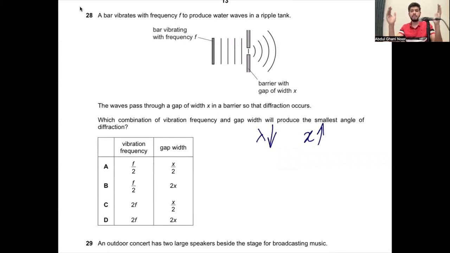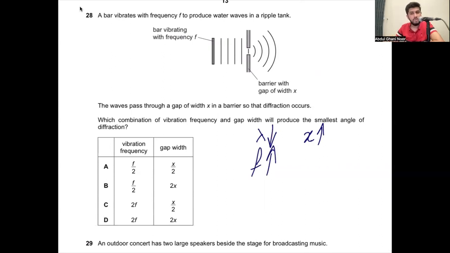So if you have a gap like this and a wavelength of this one, that would produce the least amount of diffraction. Right? So for the smallest angle of diffraction, the wavelength should be lowest, which means that the frequency should be highest. And X should be greatest.